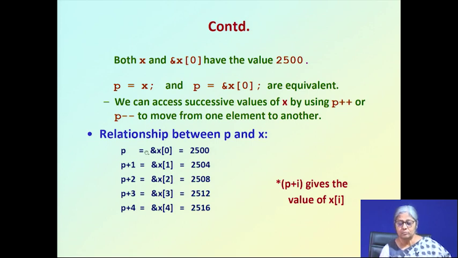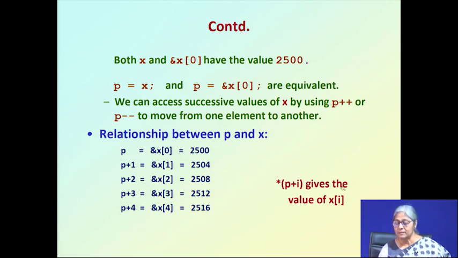So, the relationship between p and x. If p equal to &x[0] is 2500, then p plus 1 is &x[1], p plus 2 is &x[2], p plus 3 is &x[3], p plus 4 is &x[4]. Already we have seen that &x[1] means the second element, whose address is 2504, the third element address is 2508, then 2512, the fourth element 2516.